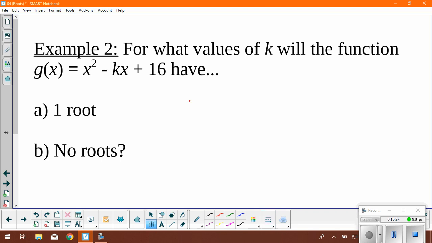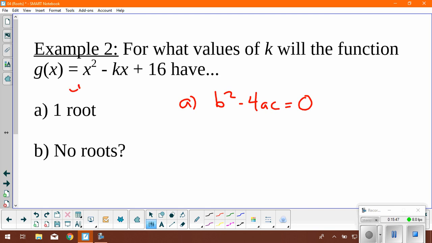So starting with part A, if we only want one root, I know I want my discriminant to equal 0. So we start with that fact. b squared minus 4ac should be equal to 0. I fill in what I can.